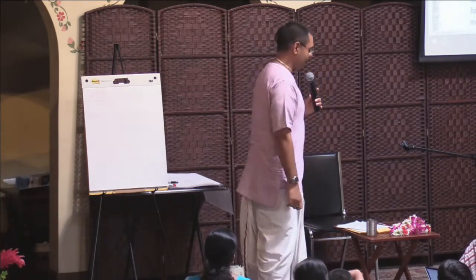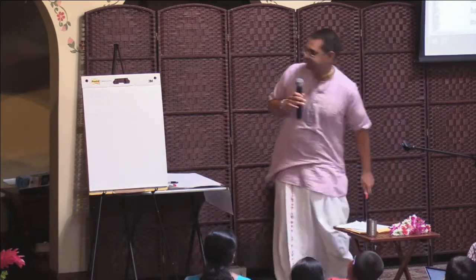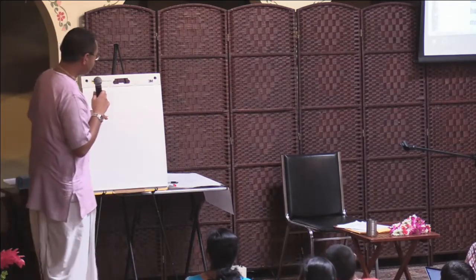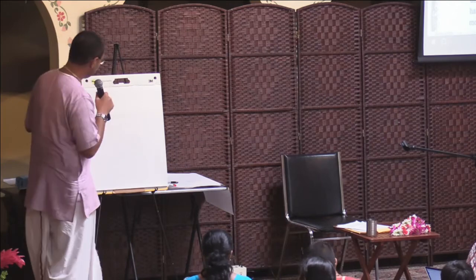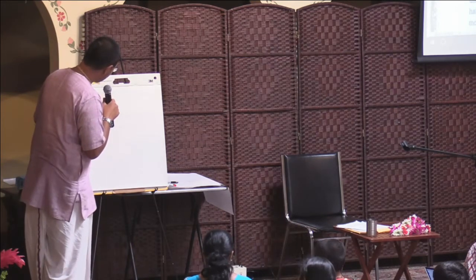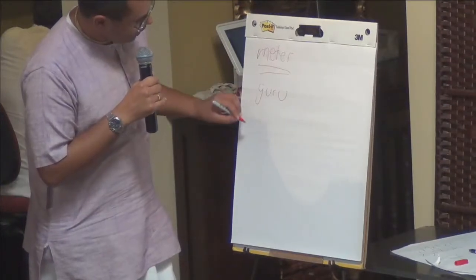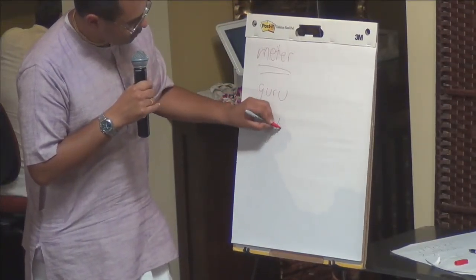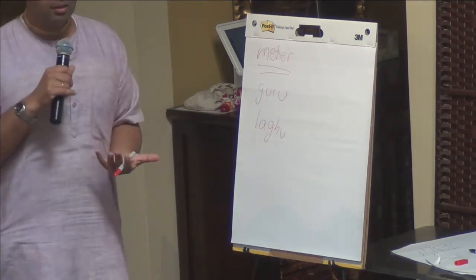The short ones are pretty straightforward, but the longer ones can be difficult to recognize. And so here's how we can do that. Meter in Sanskrit is defined as a series of long and short syllables. Long syllables are called guru, and short syllables are called laghu.